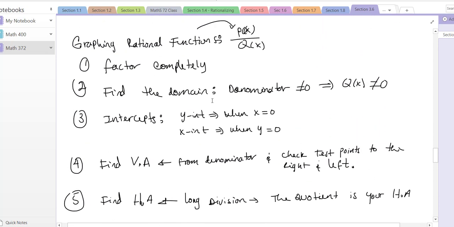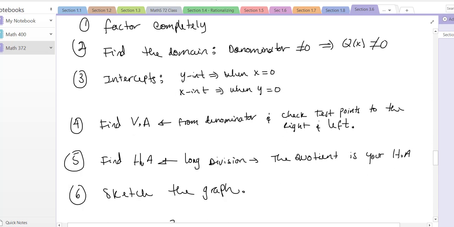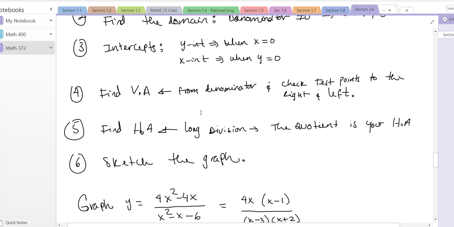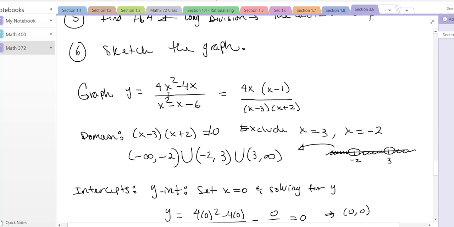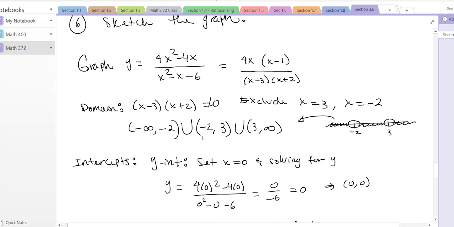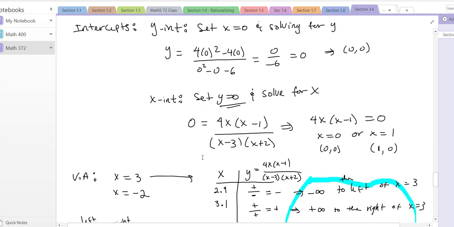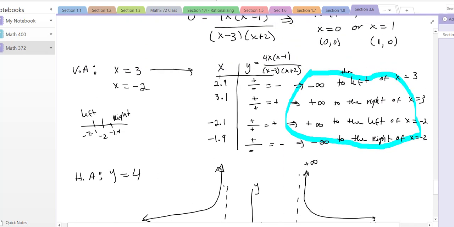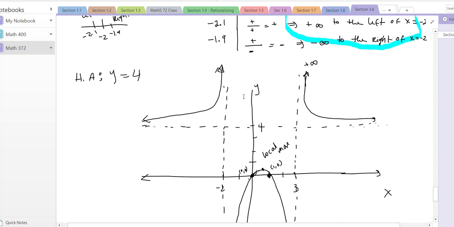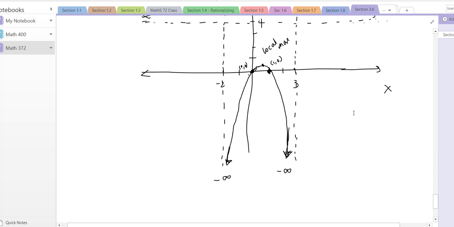So following the list: factor completely, find the domain, find the intercepts, find your vertical asymptotes, find your horizontal asymptotes by doing long division, sketch the graph, which is putting all of that together. And this is the work doing all of that. The main thing is when you find your vertical asymptotes, find the behavior along that asymptote, because that helps you decide where the graph goes.